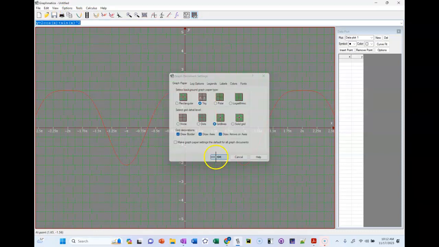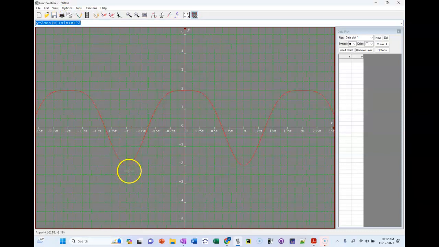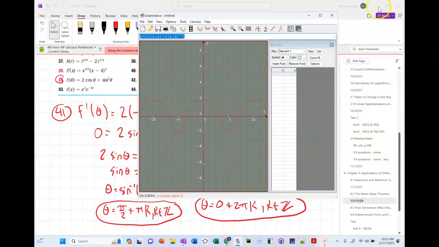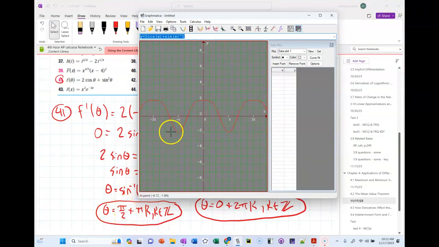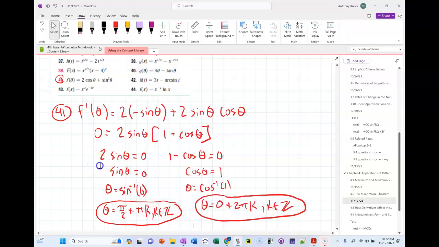Make that trig style. So it looks like I'm getting a minimum at pi, 0, right? Did we goof something else up though? So we had this too, and I'm not seeing those. Sine inverse of 0 is here.